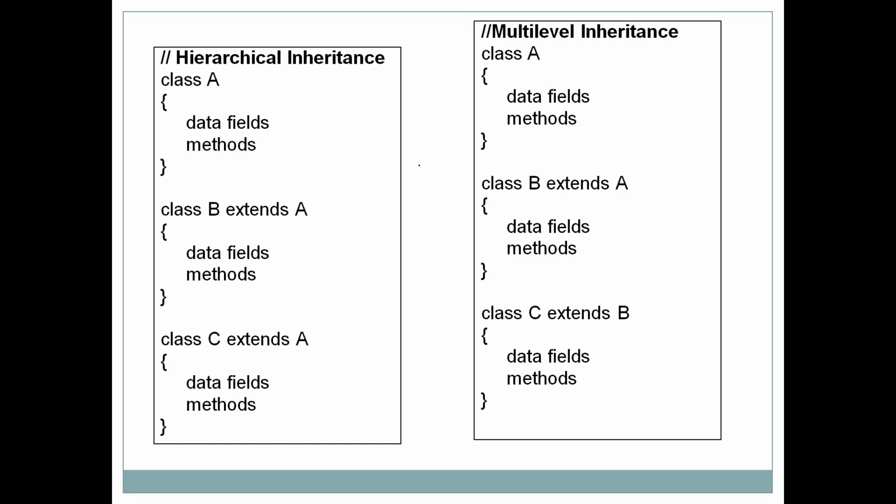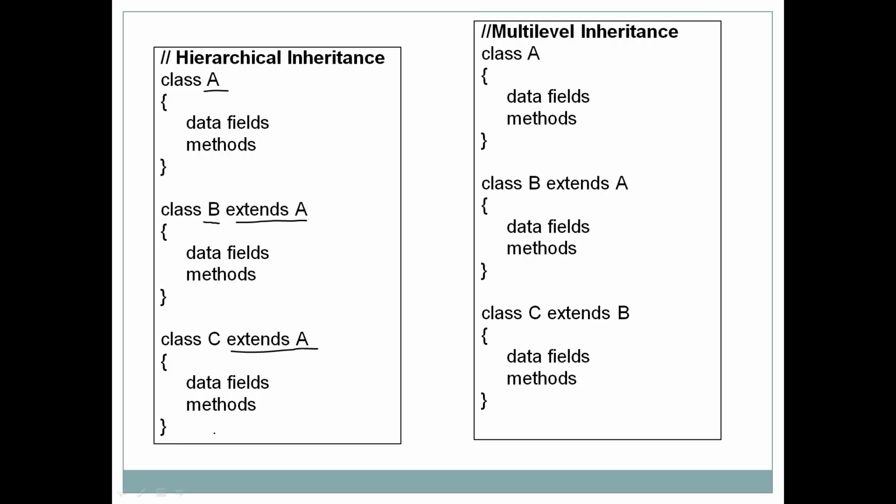Next, in case of hierarchical inheritance, we have class A and class B. Now class B inherits class A, and then we have a class C which is again inheriting from class A. So we have two child classes here and one superclass. In hierarchical, we have one superclass and many subclasses. So this form is called hierarchical inheritance.